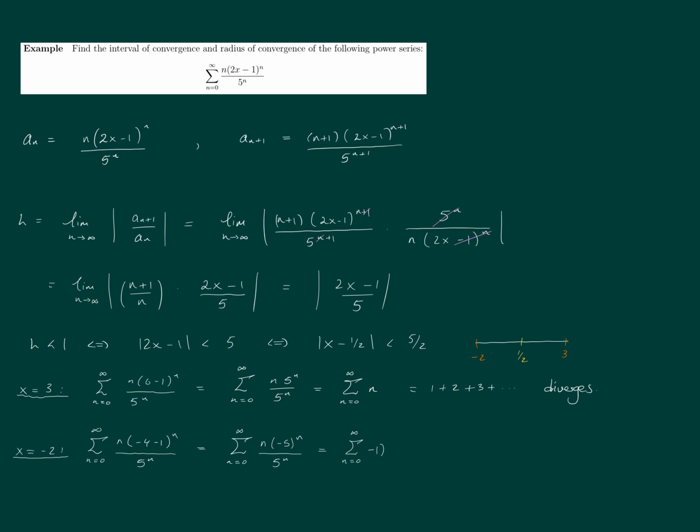And the (-5)^n will cancel with the 5^n and leave you with (-1)^n times n, which is -1 plus 2 minus 3 and so on. And we can see that this will never settle, so this diverges.